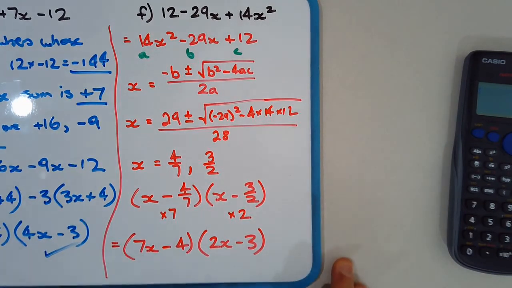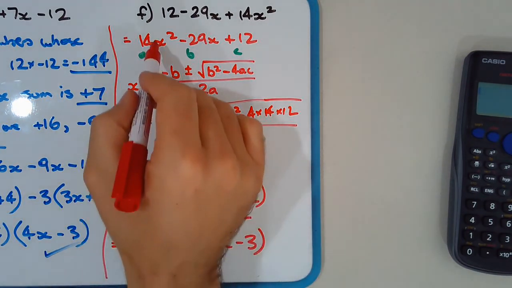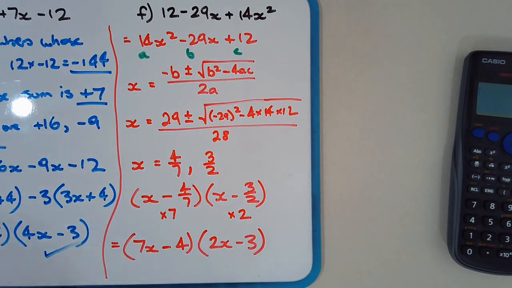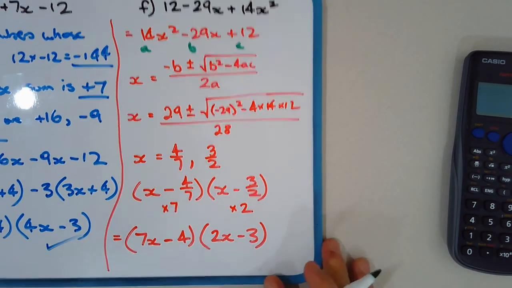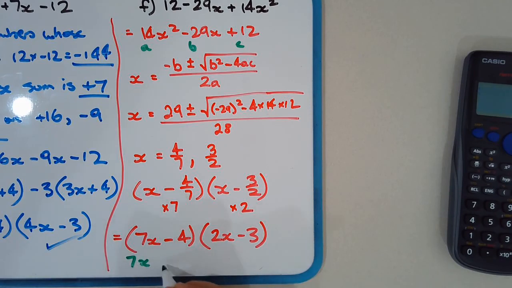Now, let's see if this works. Let's see if this actually makes any sense to us. 7x times 2x gives us 14x squared. Great. Negative 4 times negative 3 gives us positive 12. So far, so good. Now, 7x multiplied by negative 3 is negative 21x.